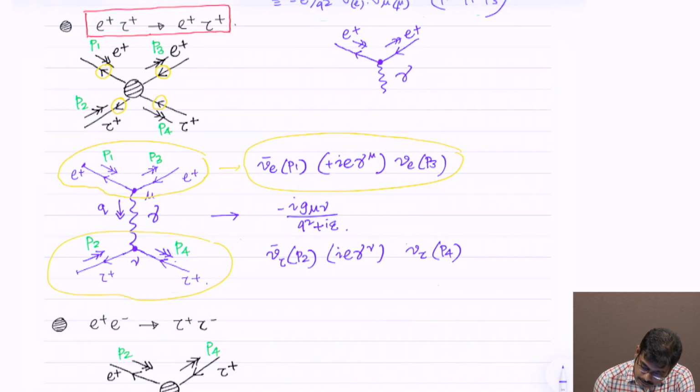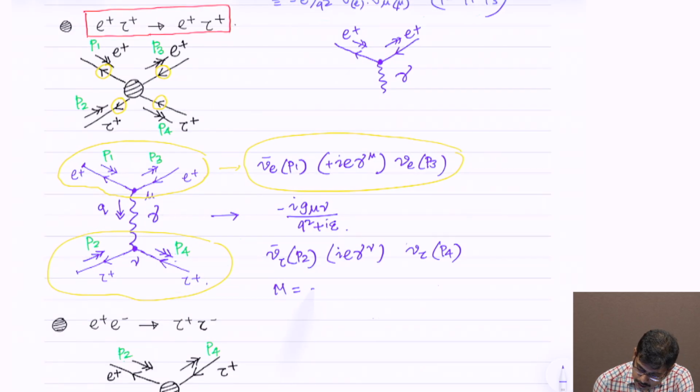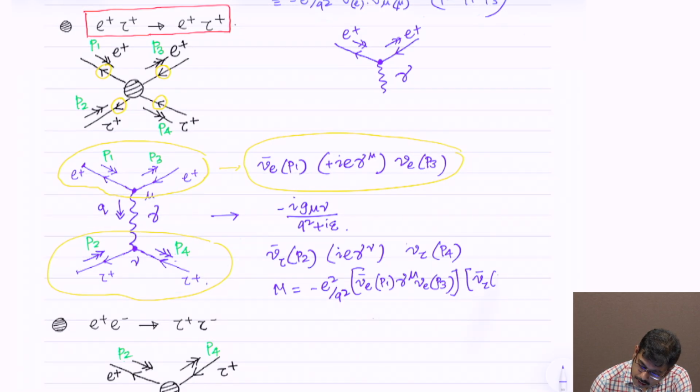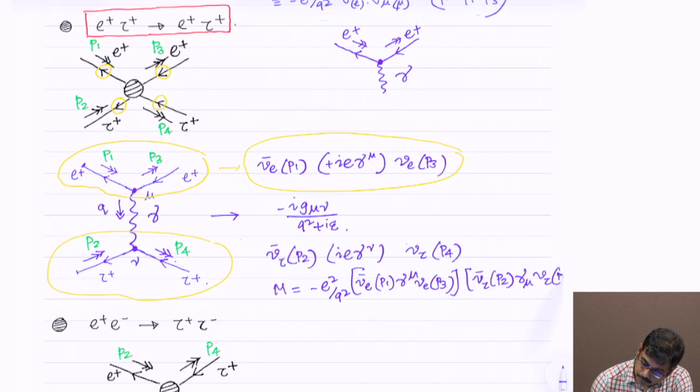So, now you can dress it up, I mean just multiply all of them, and that will be minus I m, and it is pretty easy that you can finally realize that the matrix element here will also be the same, but it will be minus E square by q square, and then you have the current like V E bar P1 gamma mu V E P3, and then this is the positron current, and then you have the tau current, which will be V tau bar P2 gamma mu V tau P4, right.